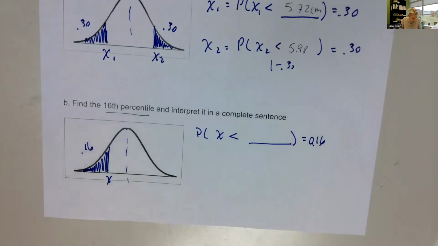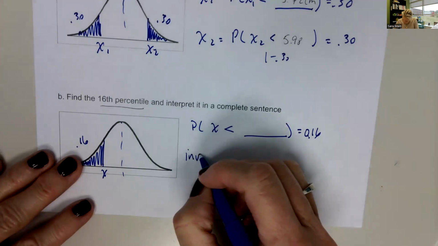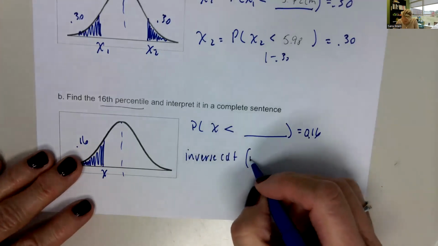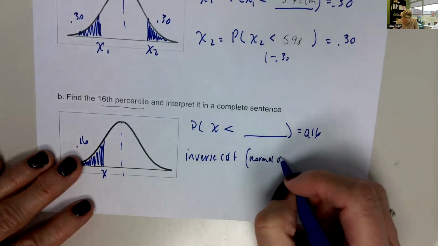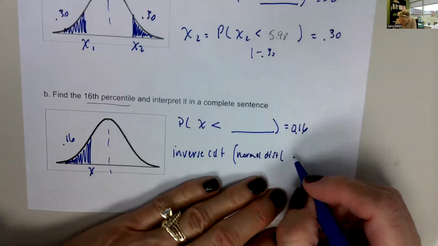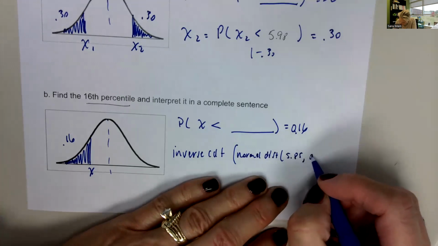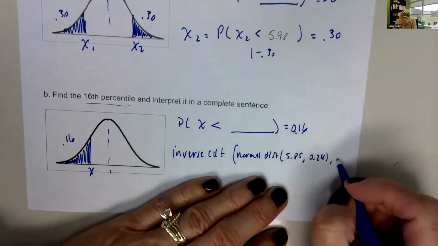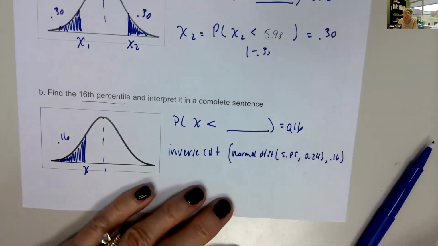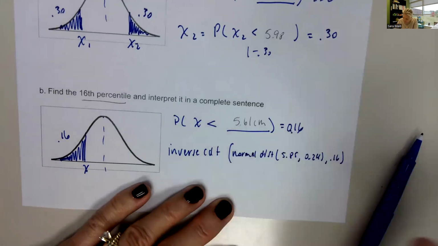So that one is an inverse. Just a reminder, it's an inverse CDF with a normal distribution of 0.85, comma, 0.24, comma, 0.16, and that comes out to be a diameter of 5.61 centimeters.